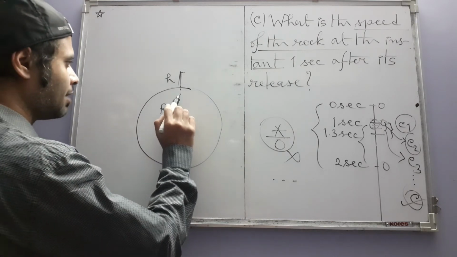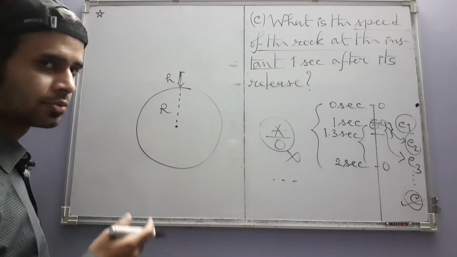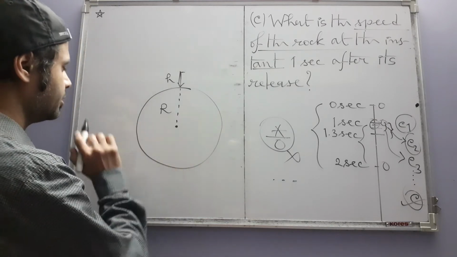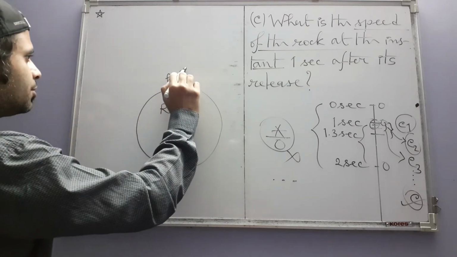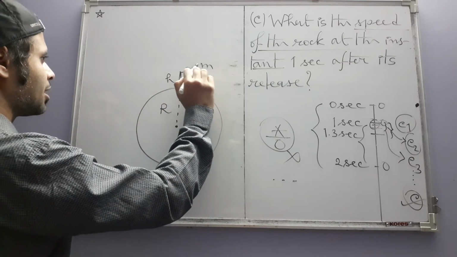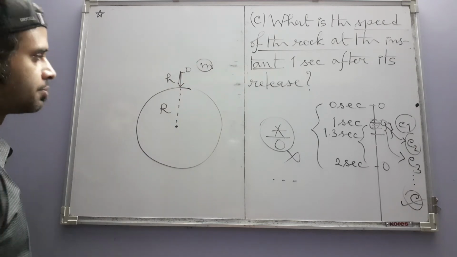Right? So you have your ordinary force of gravitation acting radially downwards, towards the center. If the mass of the object is m, then what is the force?